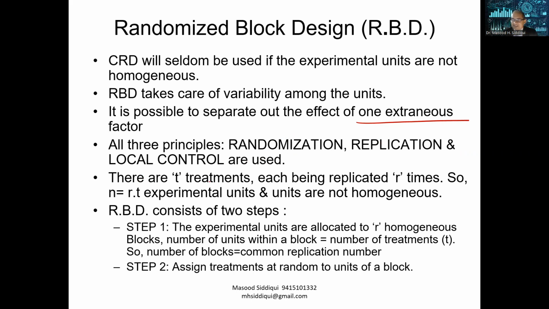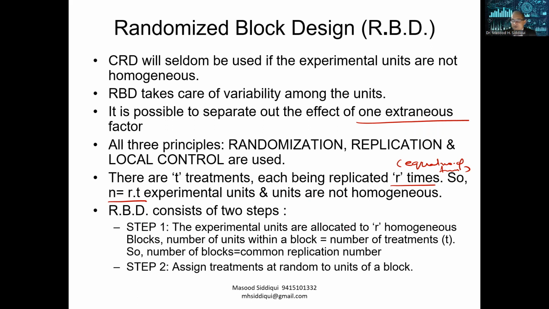So suppose there are t treatments and each treatment is replicated r times, means each treatment is repeated an equal number of times. So there will be n equal to rt experimental units, and these units are not homogeneous. This is the field that we are getting. Now, RBD consists of two steps. First, we have to create the blocks, which should be homogeneous, and after that, in each block, we will assign the treatments.